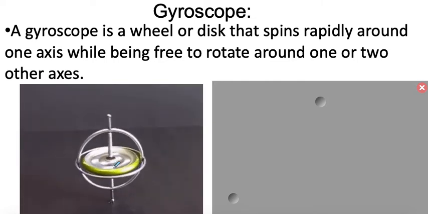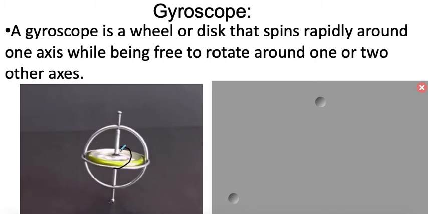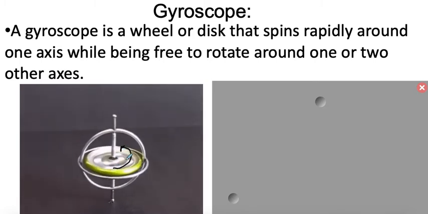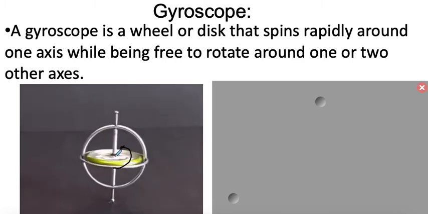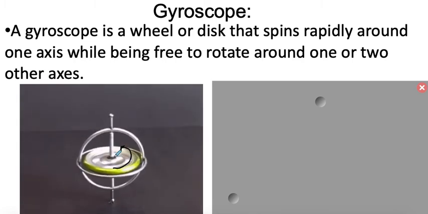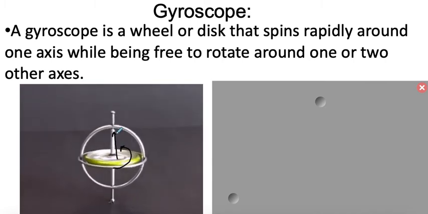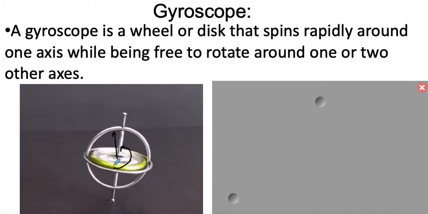Let's say that wheel is spinning around this way, and we have this thing called the right hand rule. If I took my right hand and wrapped it around that wheel, around that axis there, that would show me that I have a force generated that's going in this direction. And it would also work the other way.